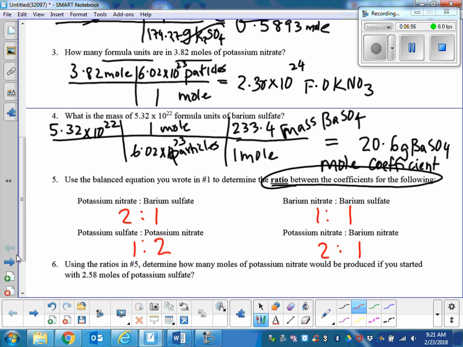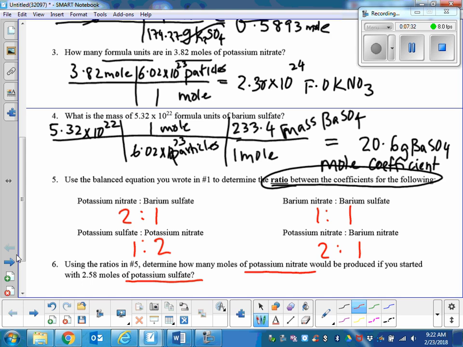All right? So here is a relationship. It's relating potassium nitrate and potassium sulfate. Do you see that? For every 2 moles of potassium nitrate, how many moles of potassium sulfate can you make? 1. But if you have, instead of 1, 2.58 moles of potassium sulfate, how many moles of potassium nitrate can you make? Is it a simple ratio problem?